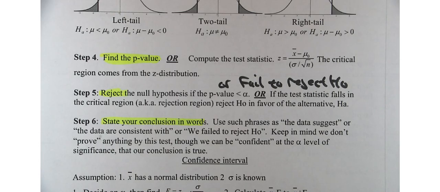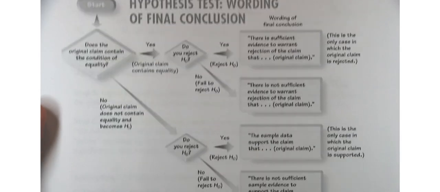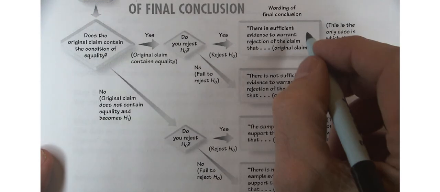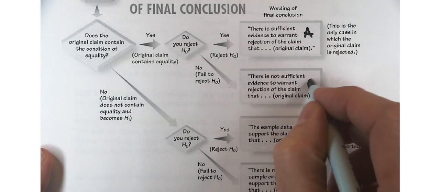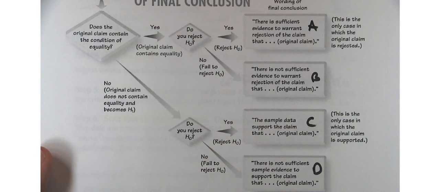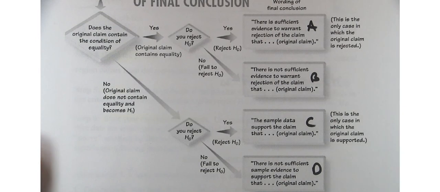As far as stating your conclusion in words is concerned, there's a little handout that I gave you, and you're free to use this handout on the exams. Just keep it clear of everything except your name. In class, I'll number these A, B, C, and D, just so that we can reference them. This is a guide to how you're going to state your conclusion in words.